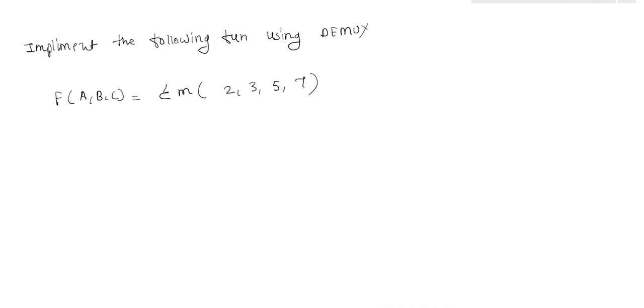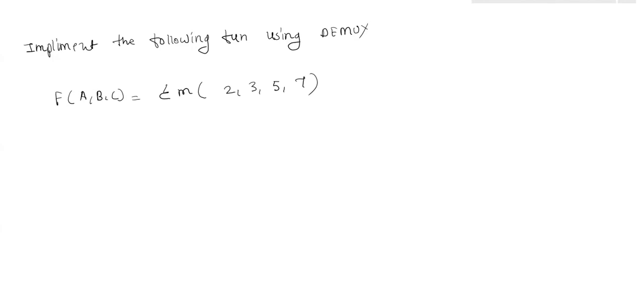Now we know that 3 variables A, B, C means there are 3 select lines available in the given Boolean function, and these select lines are routing the output onto the output lines 2, 3, 5, 7, which are represented here as min terms.